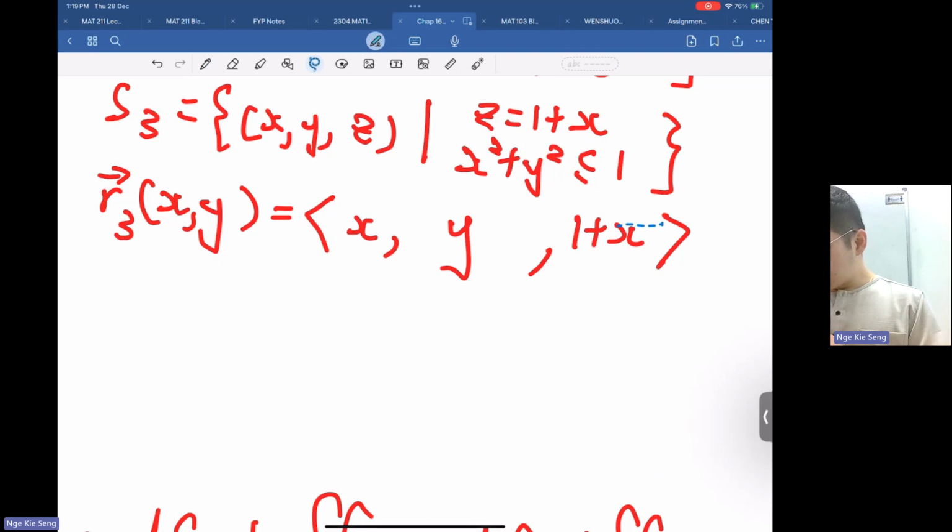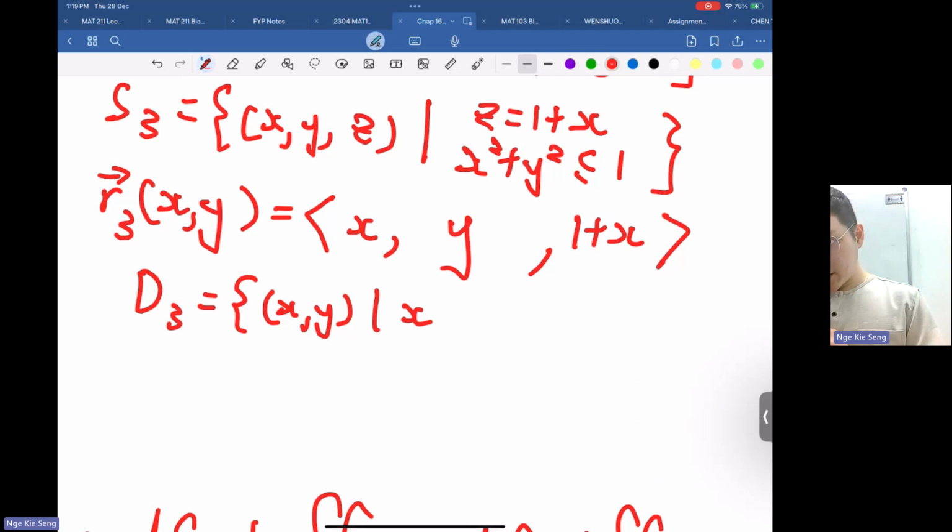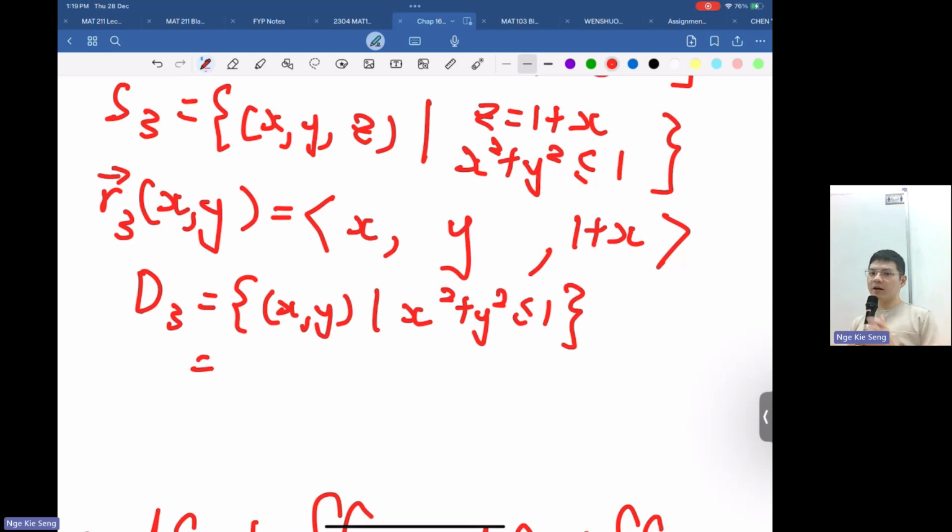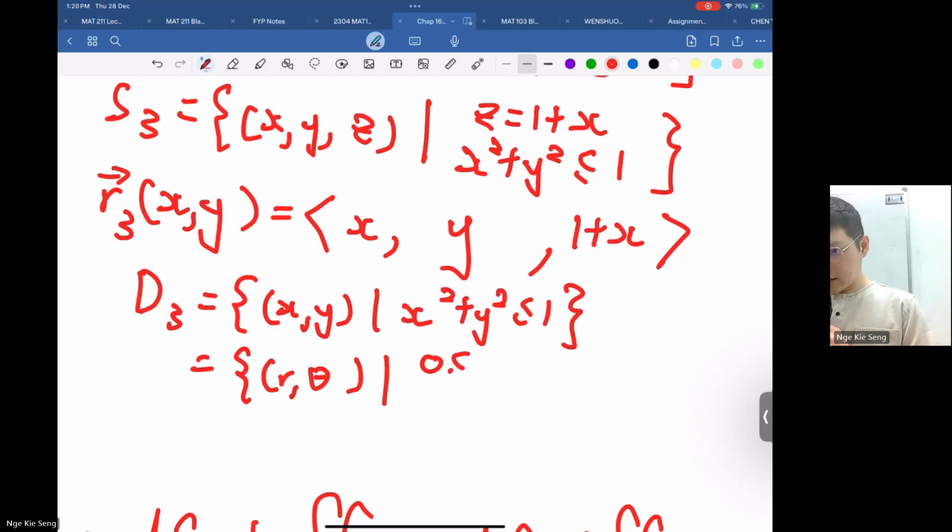But by doing this, you still remember that there's something controlling the x and y. So how do you control x and y? This will become the domain you need to fix. Your x and y is a point in the disk. But we can change variables, into polar or rectangular equivalently, depending on which one is easier for integration later.